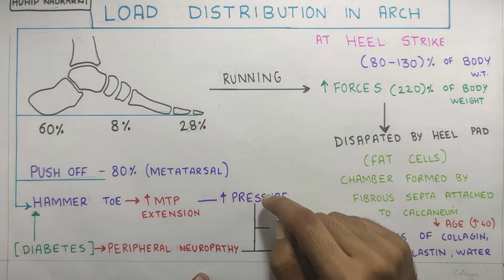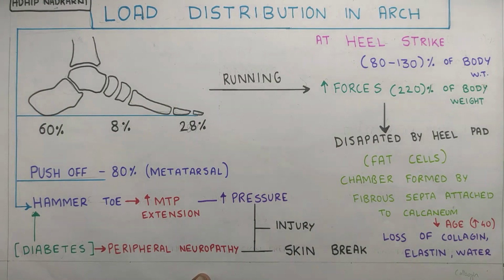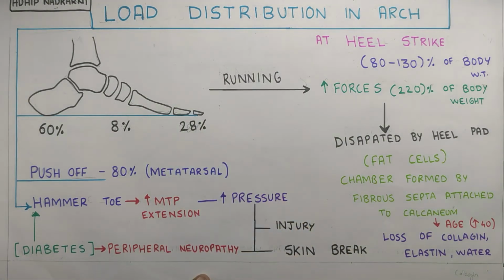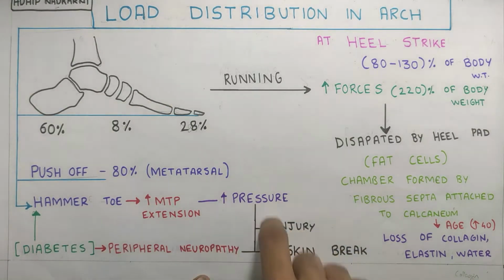And as you know, in diabetes there is a branch called diabetic foot care, where you take care of the foot and prevent any injury to the foot, because the healing of the foot is already impaired in diabetic foot. So diabetic foot causing hammer toe, which causes a skin break, which will not heal because of the diabetes, again causes a vicious cycle.